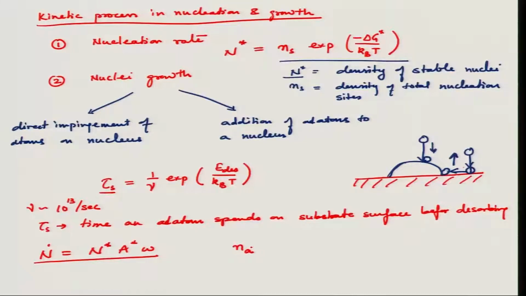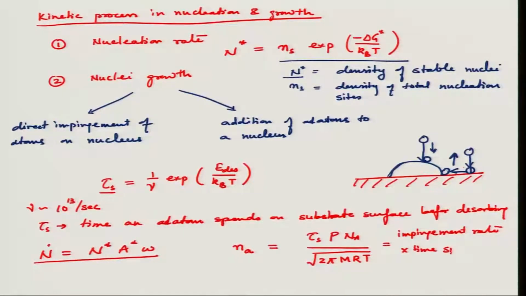Na, suppose I have this Ns density of total nucleation sites, the Na sites will be occupied by atoms, and this will depend on tau s, partial pressure, Pa divided by square root of 2 pi m k T. So, this is equal to impingement rate into time spent on surface.